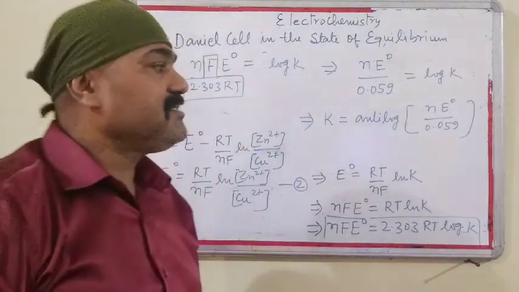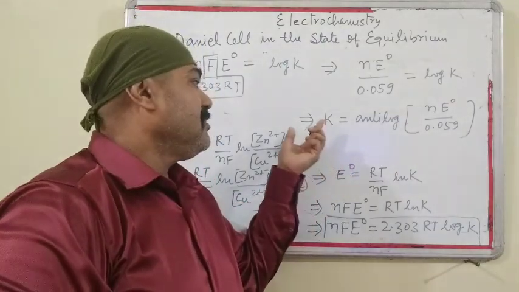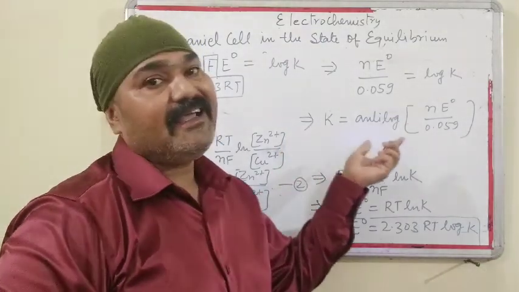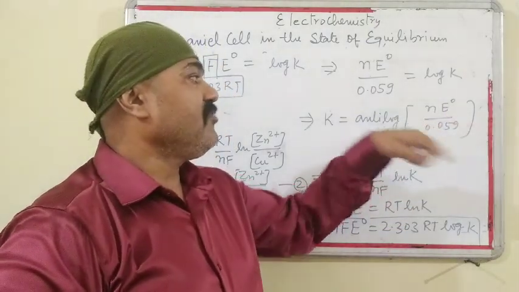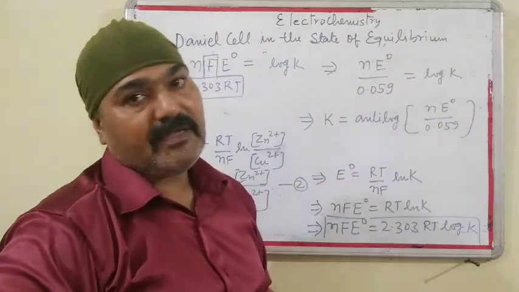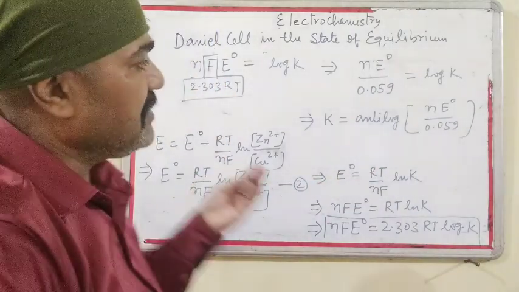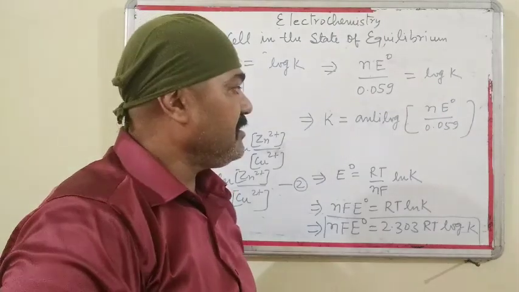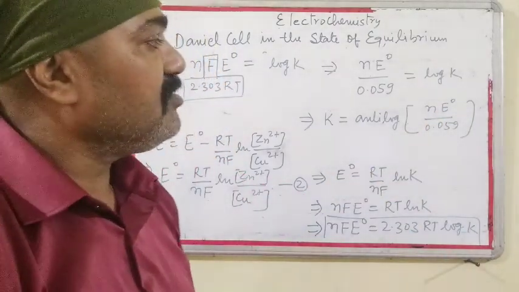So this is the general equation to find the value of the equilibrium constant for any cell. For that cell, we can put the value of n. n is the number of electrons gained or liberated, and E0 is the value of the standard electrode potential.